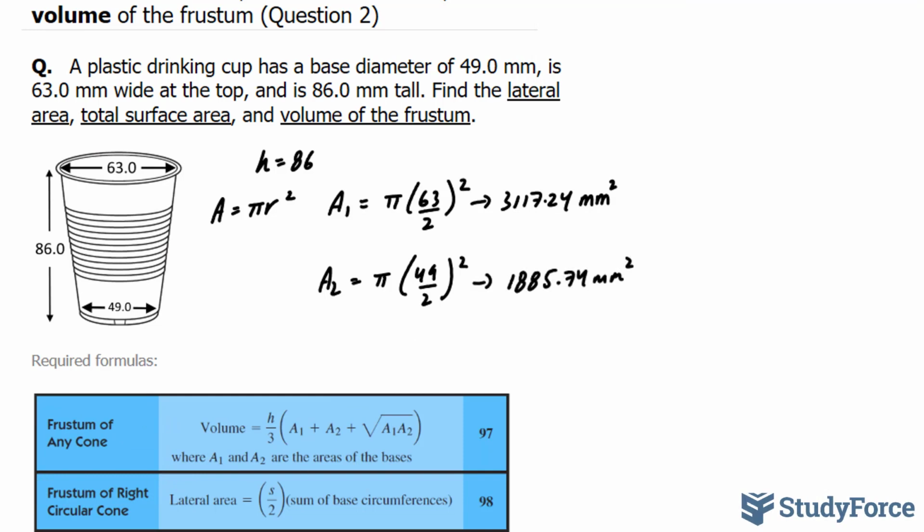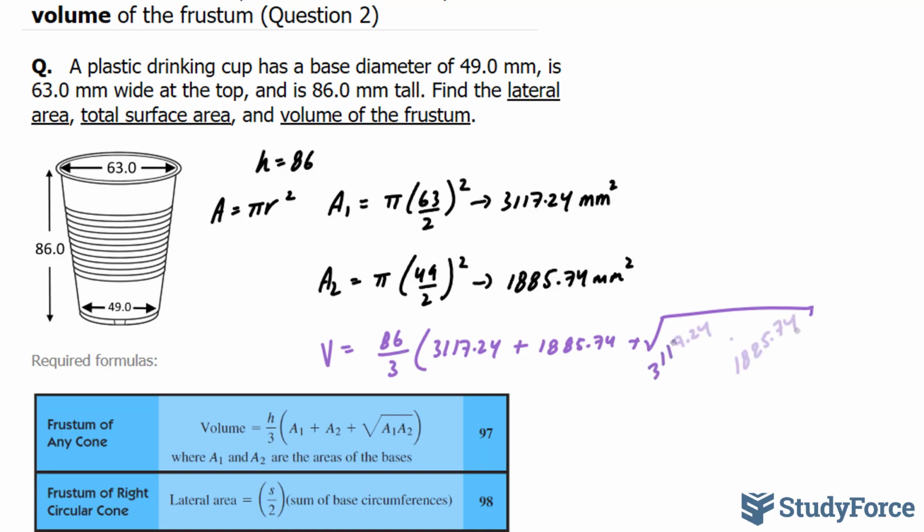Using this formula, volume is equal to the height of 86 divided by 3, times A1, which is 3117.24, plus 1885.74, plus the square root of the product of A1 and A2.